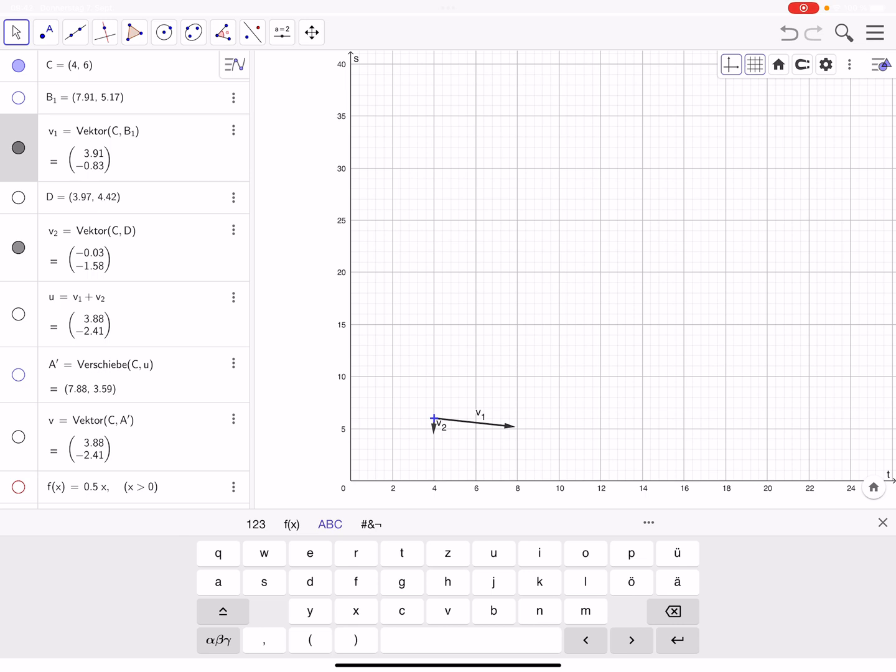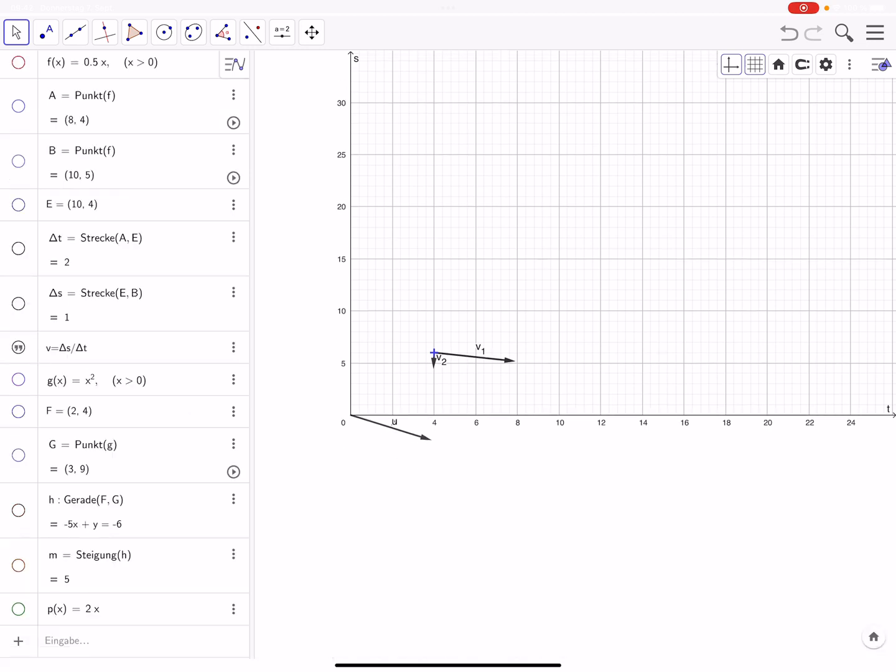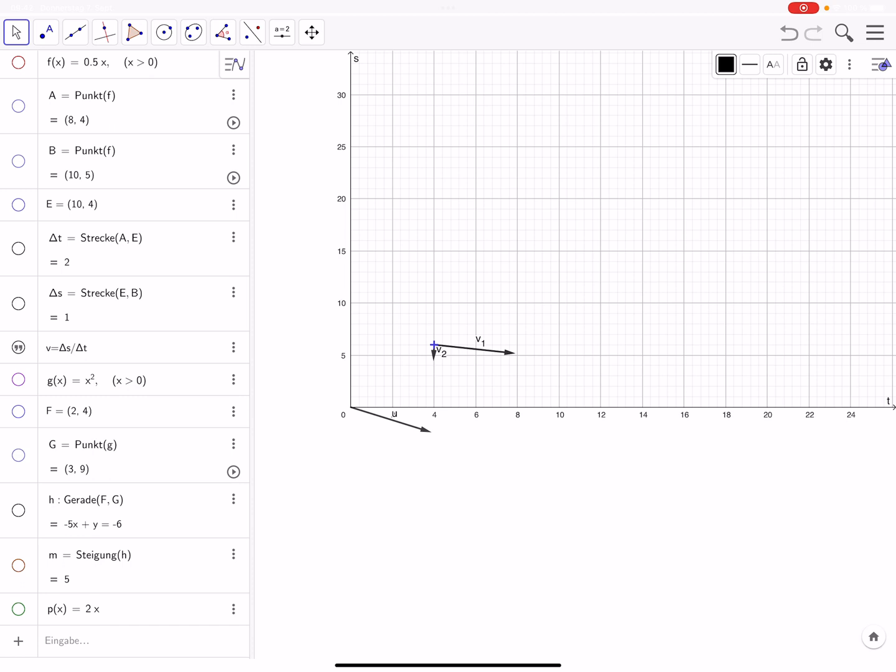But now we come back to this example here on GeoGebra with the two vectors pointing in different directions and not the opposite direction. So we still try to add these because we know how to add the vectors, and we see here that the result is the vector u, and we can shift that.